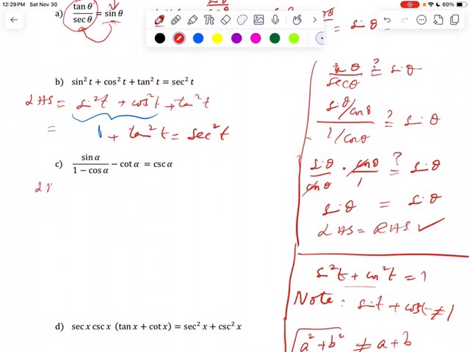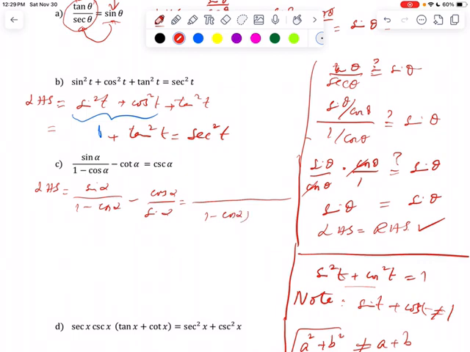So I get left hand side equals sine of alpha over 1 minus cosine of alpha minus cosine alpha over sine alpha. That's the cotangent. And now I can do the common denominator.